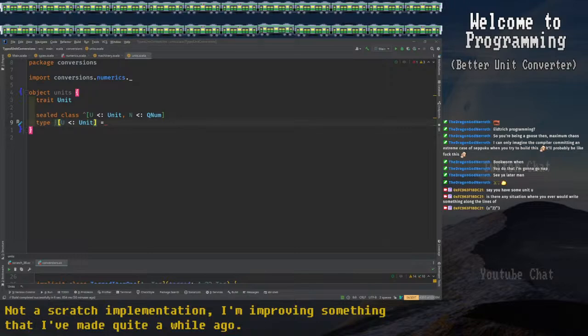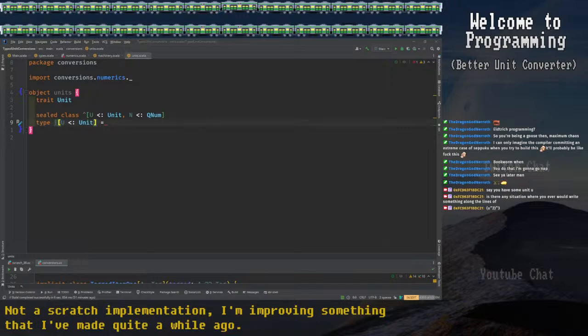Is there ever any situation where one would ever write something like centimeters squared cubed? Like, is there ever any situation where that is a thing that you are forced to do?